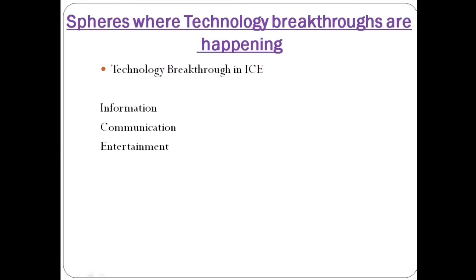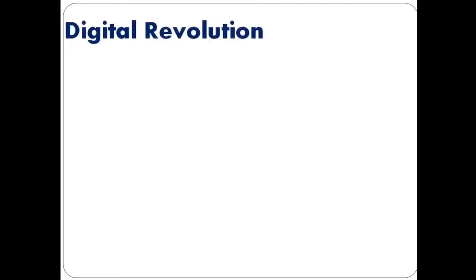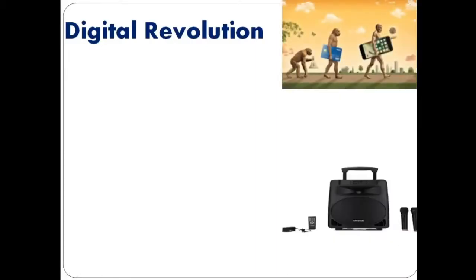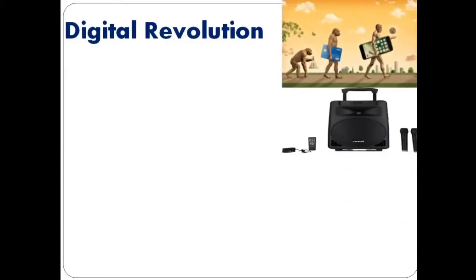Now the spheres where technology breakthroughs are happening. That is very important, and these things are happening with us. First, we will cover technology breakthrough in ICE, that is information, communication and entertainment. First, the digital revolution. The onset and expansion of digital formats is perhaps the most sweeping development.